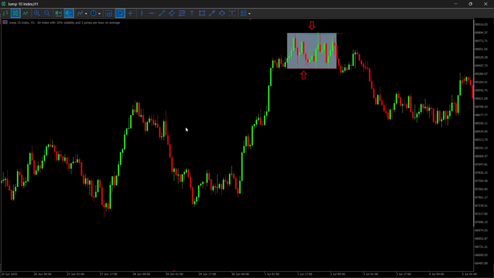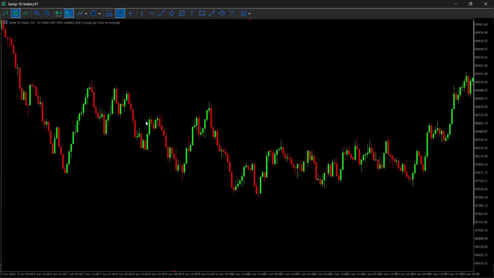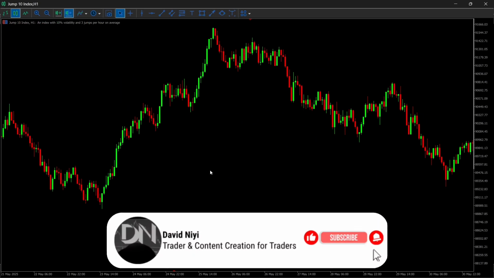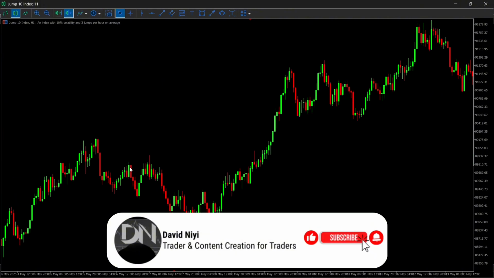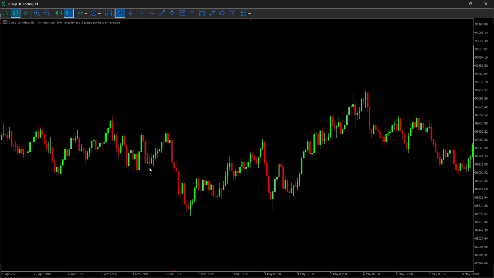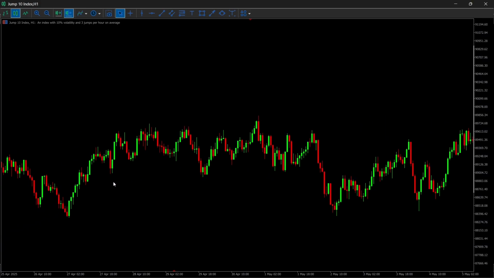Let me look for some other examples for you. And always have it at the back of your mind, when you want to know if a market is ranging or is choppy, they don't create higher highs and higher lows. Like this movement right here is a range movement.